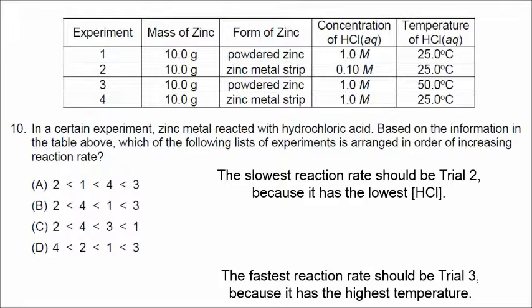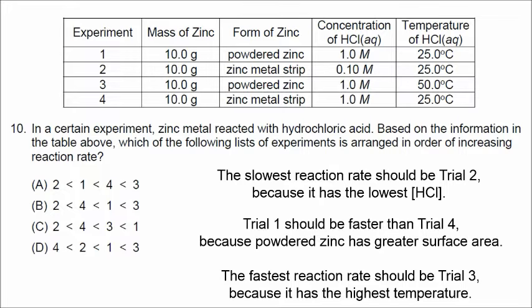Now comparing trial 4 and trial 1, the only difference is that one uses powdered zinc and the other uses a zinc metal strip. So trial 1 should be faster than trial 4 because powdered zinc has greater surface area. So in order from slowest to fastest should be 2, 4, 1, 3.